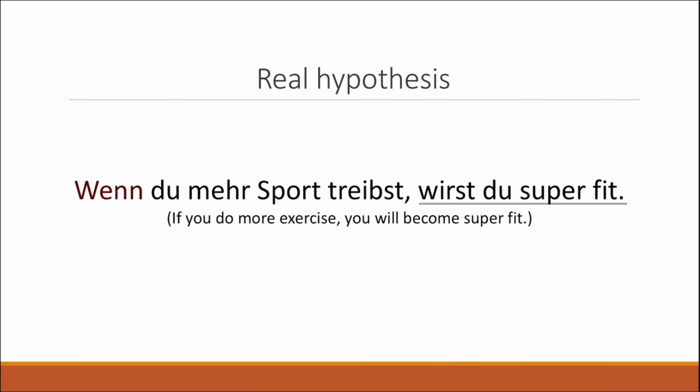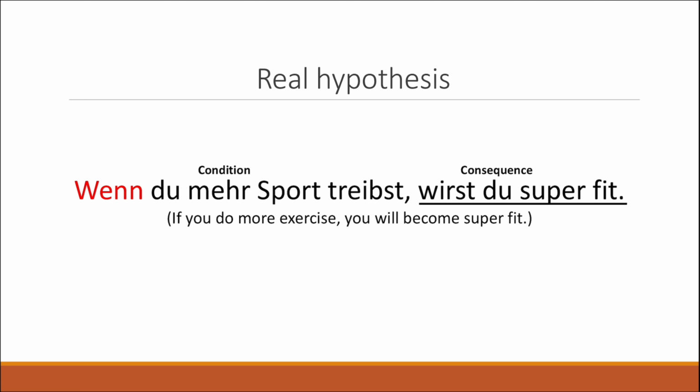And if you observe the sentence, you can see that it's basically made of two parts. We have the subordinate, wenn du mehr Sport treibst, and then we have the main clause, wirst du super fit. Now, because we're talking specifically about conditional subordinates, we have a condition which is established in the subordinate: if you do more exercise, then you will become super fit.